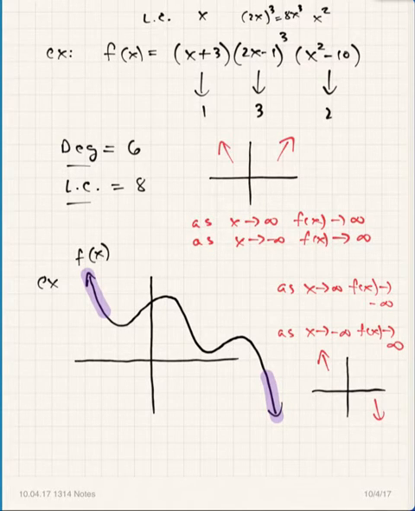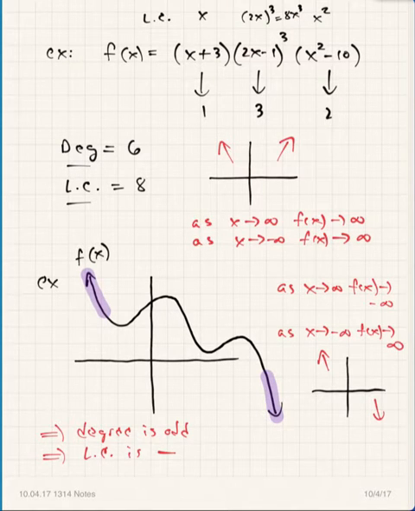Well, that would tell us that the degree must be odd for that kind of behavior. So the degree is odd, and the leading coefficient must be negative, right? Because it's the cube function, but kind of flipped upside down.